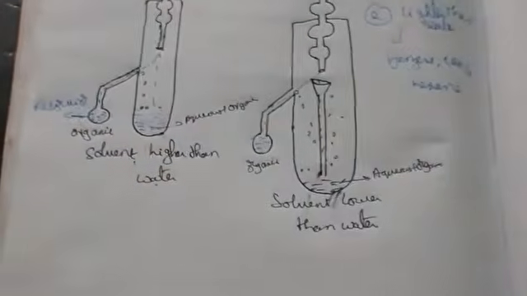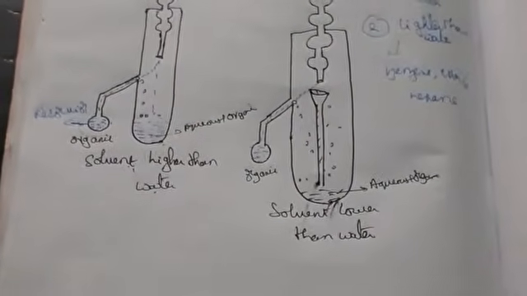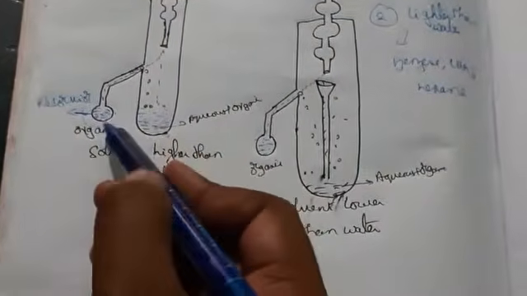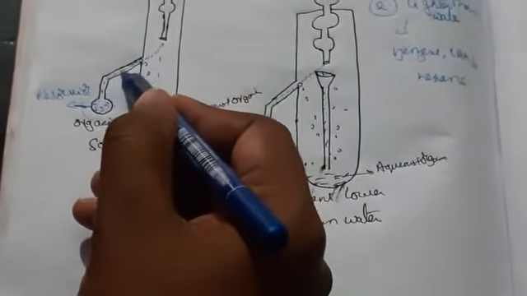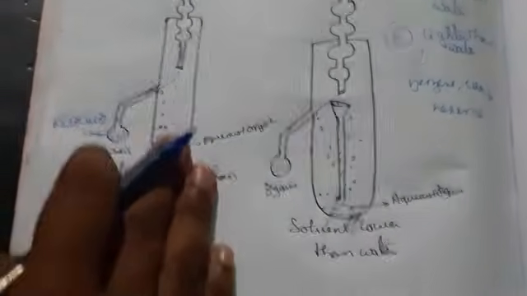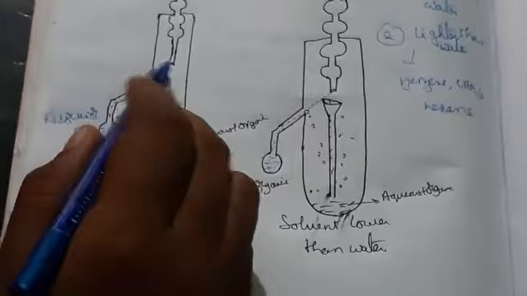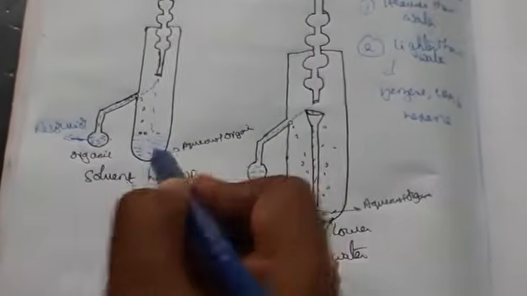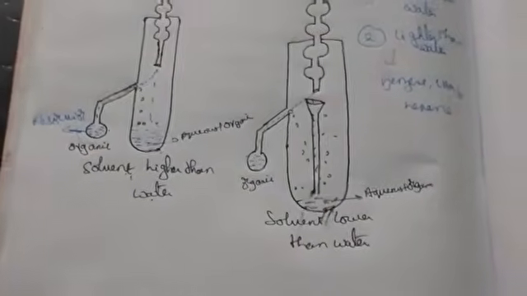For example, in general, if you boil water, the vapors come up, right? In the same way, when you are heating this organic compound, the vapors go towards the condenser. The condenser releases the vapors and drop by drop it forms a solution. Means the water droplets are coming into the organic compound.